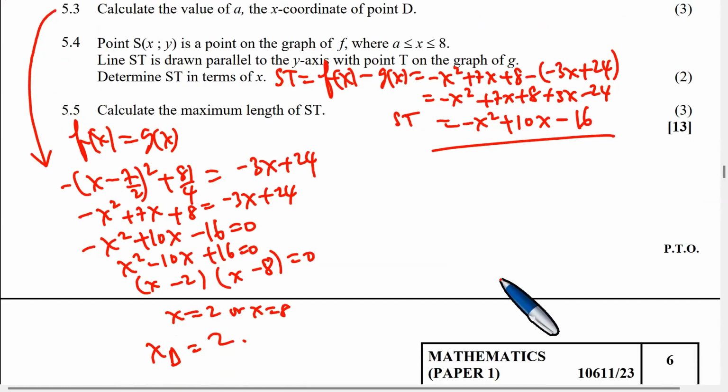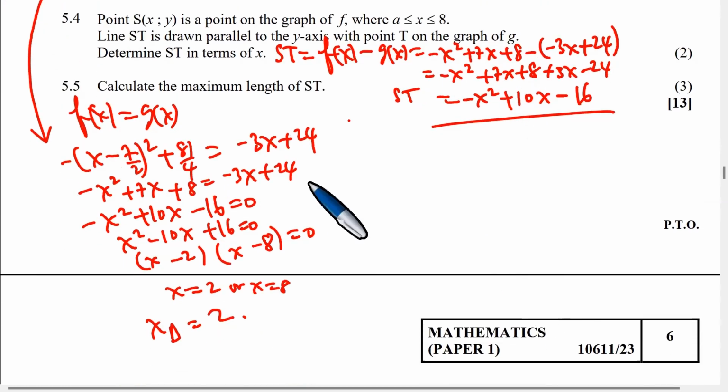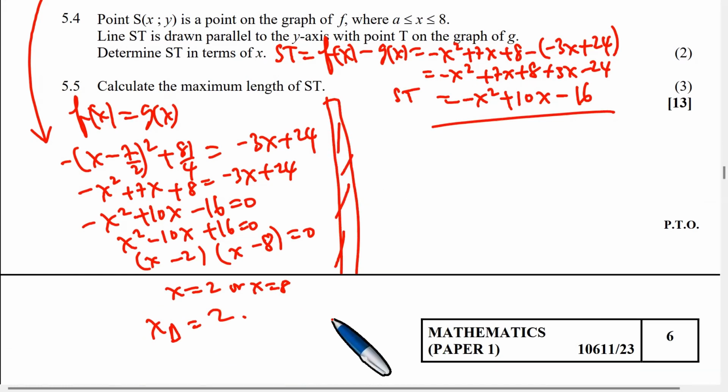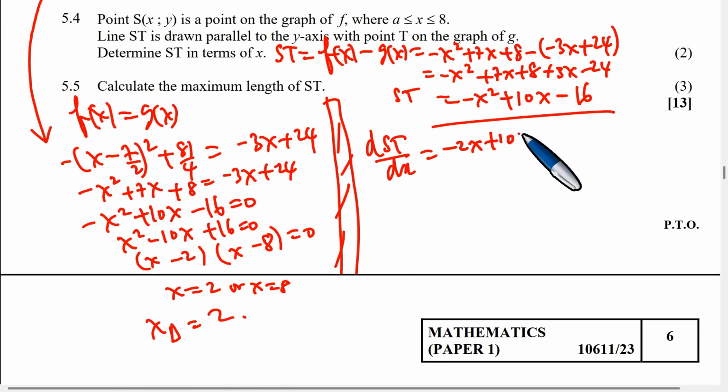The next thing is you need to determine the maximum length of ST. How do we find the maximum length? We find the derivative of ST. So we find dST/dx, which is minus 2x plus 10 equals 0.